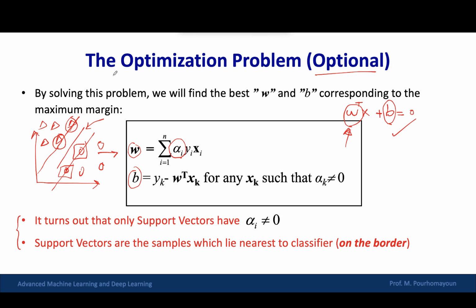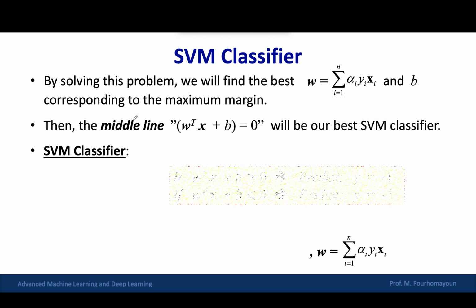The process of finding which one of these samples are your support vector is your training. This is the process of training. That's it. So support vectors are the samples which lie nearest to the classifier. We just need to know them. If we know them, then finding this is very easy. So this is something to remember.